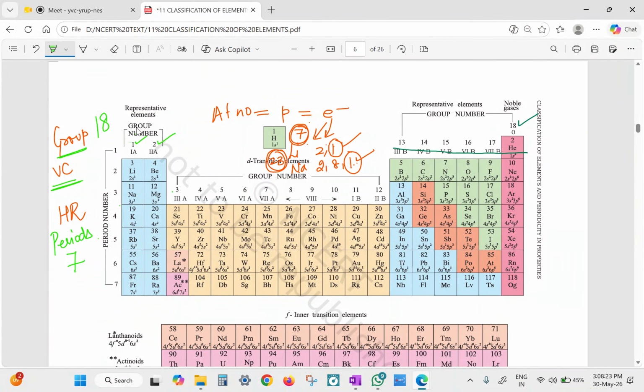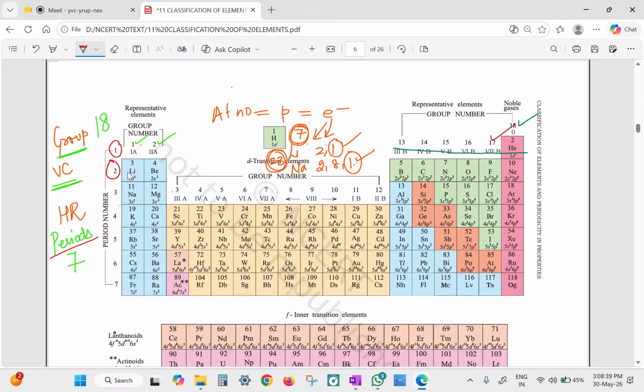So there are totally 18 groups in the modern periodic table and totally 7 horizontal rows, which are called 7 periods. Period number 1 comprises hydrogen and helium. Period number 2 comprises lithium to neon. Period number 3 comprises sodium to argon and so on.